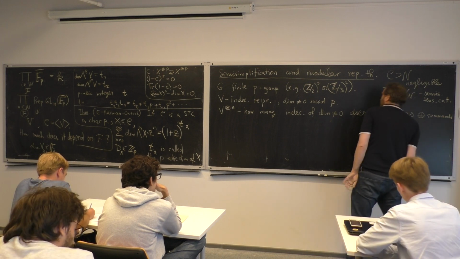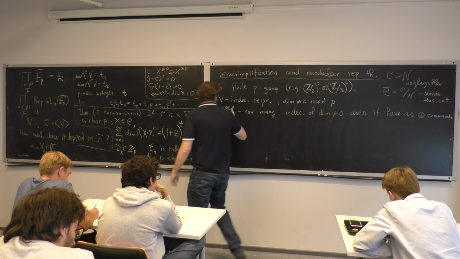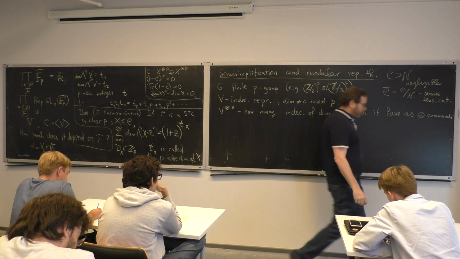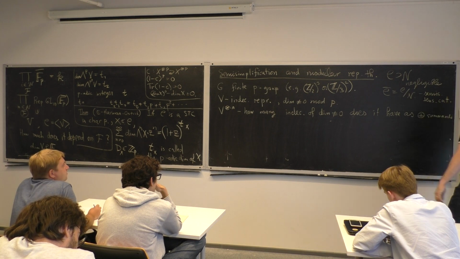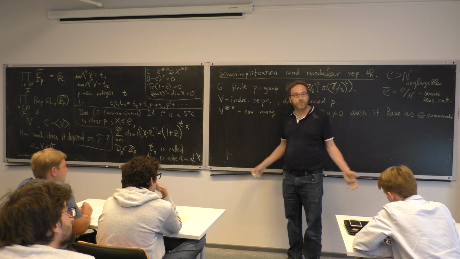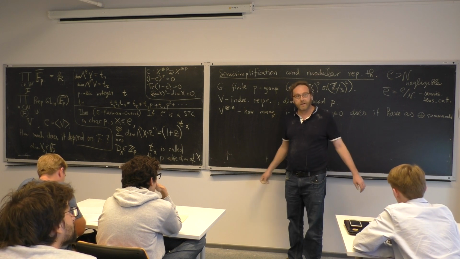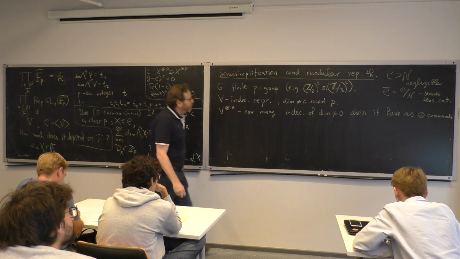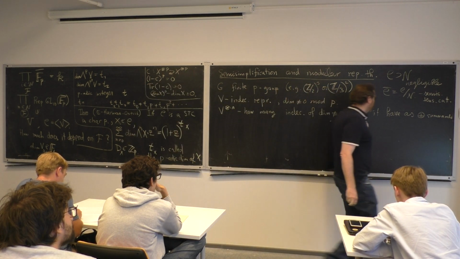So this decomposes in a direct sum of indecomposables by the Krull-Schmidt theorem in a unique way. And some indecomposables have dimension 0 and some don't. Actually, it would be more interesting even to know how many indecomposables you get altogether, but that's very hard. So let's just focus on the representations that have dimension non-zero mod p, let's say odd dimensional.